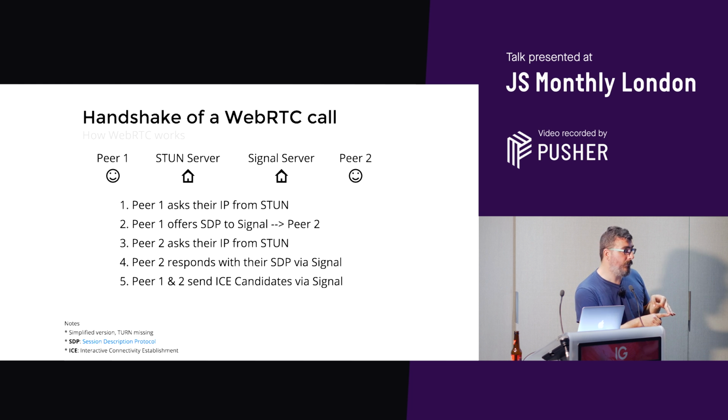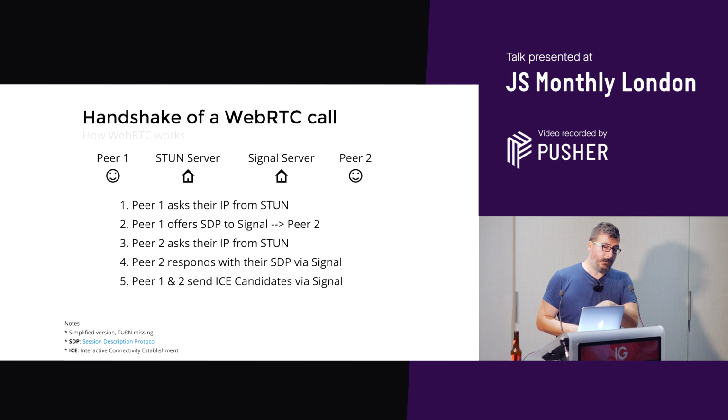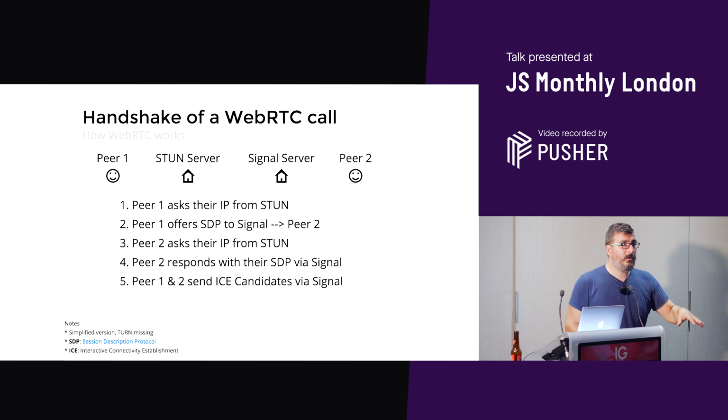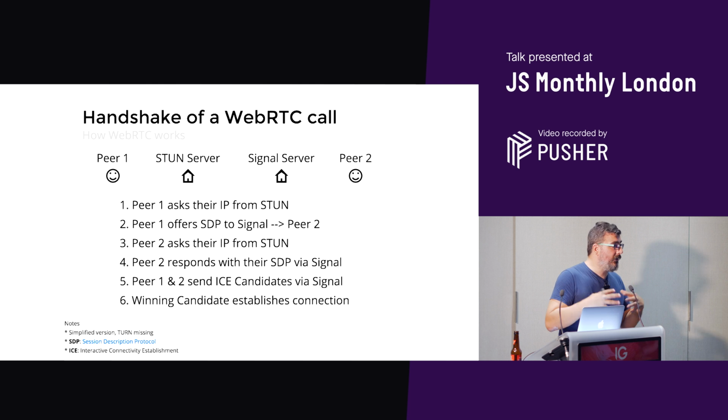It can be UDP preferably or TCP. All right. So any one of the peers produces anywhere close to 15 to 20 candidates, and those candidates get communicated via the signal server, and connections are being tried, and then we have a winning candidate where we have an established connection.